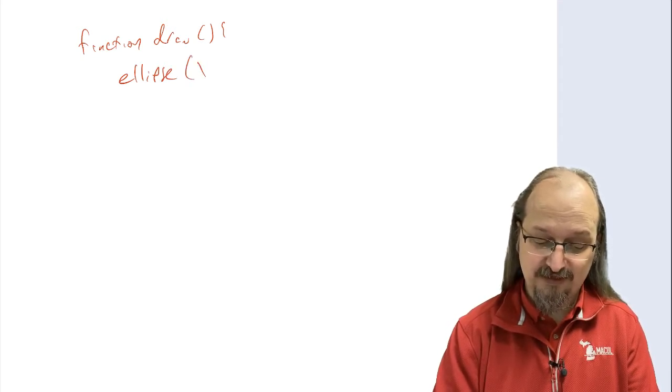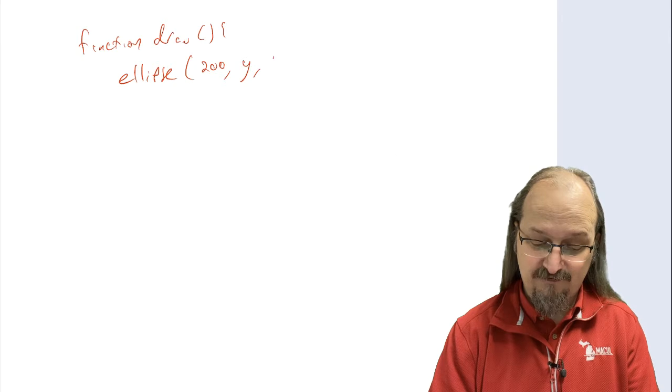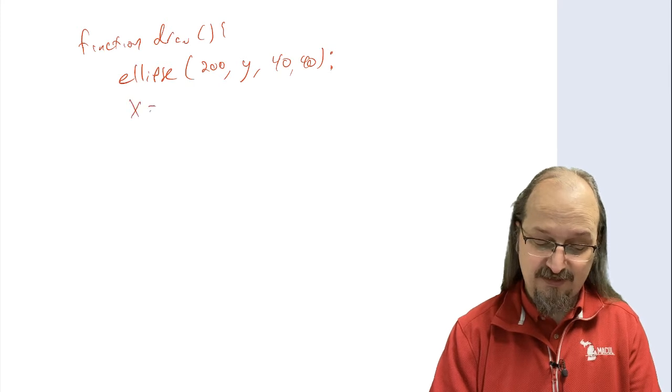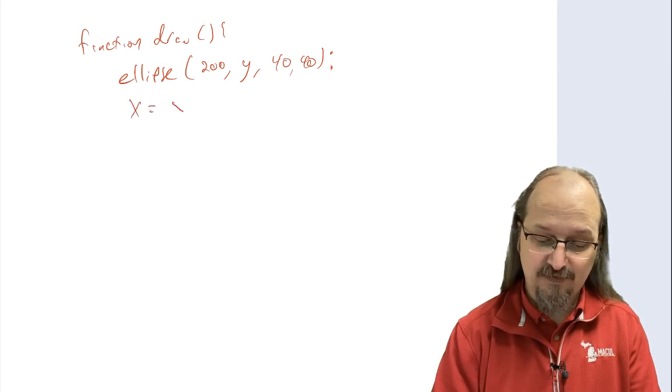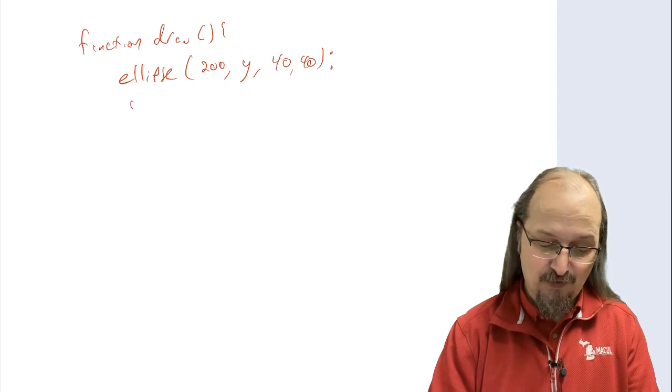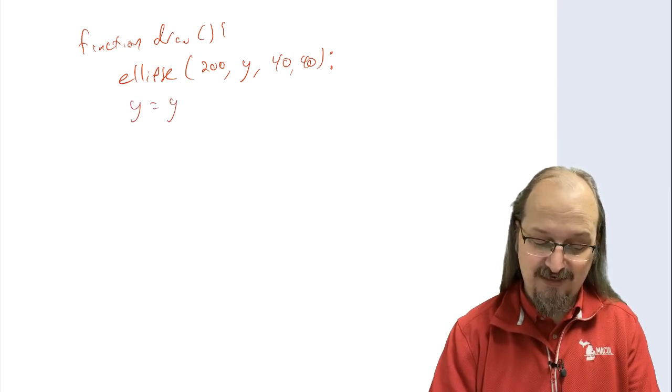Since x isn't changing, I'm going to just make it a number, say 200, comma y, comma 40, comma 40. And then y gets y plus speed.